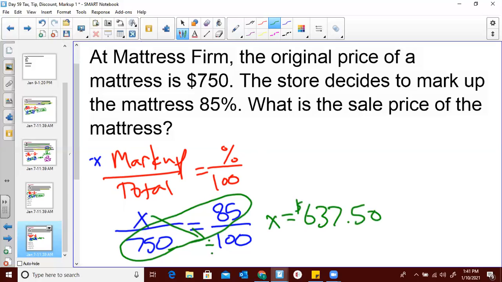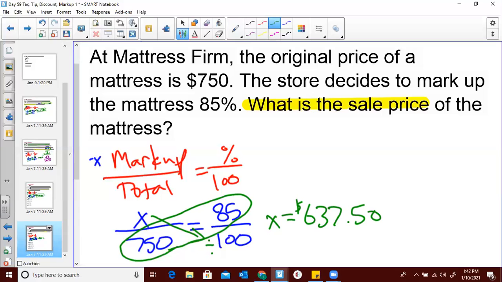Now here's where you really have to look at the question. It says, what is the sale price? Well, when you think about what a markup is, a business gets this mattress for $750. That's what they paid for it. They got to make some money, so they're going to charge you a markup.